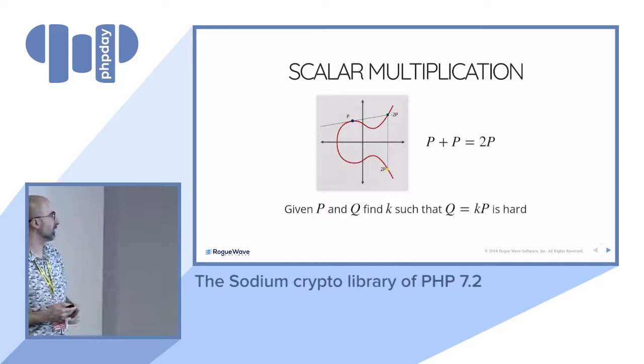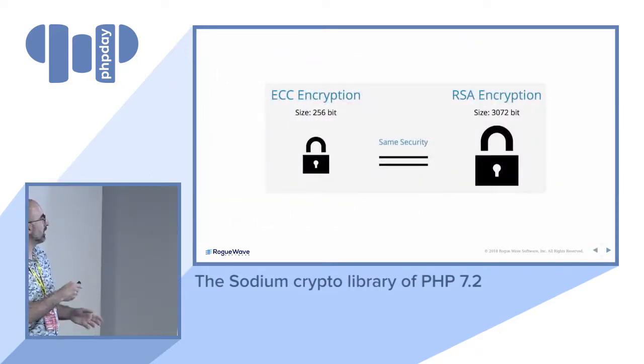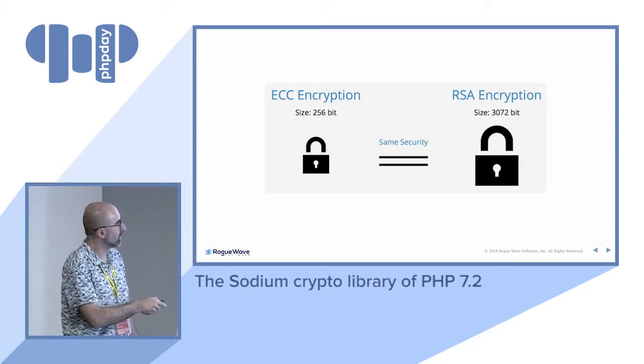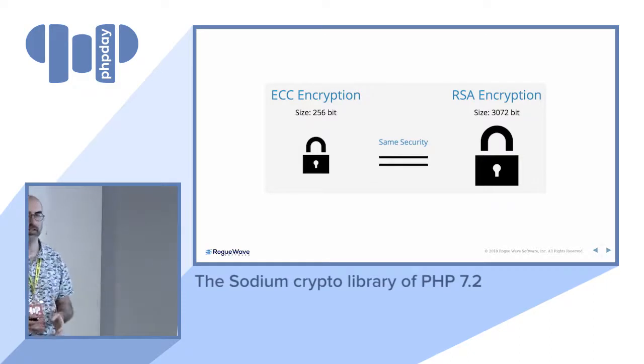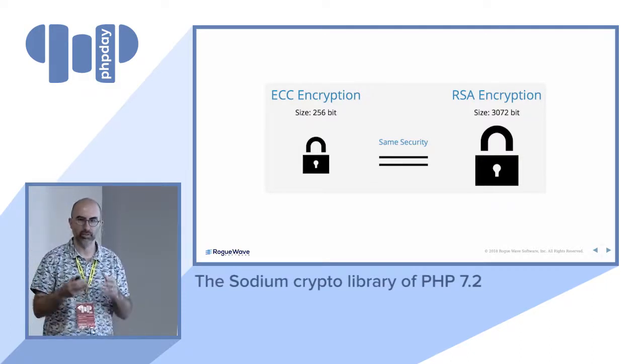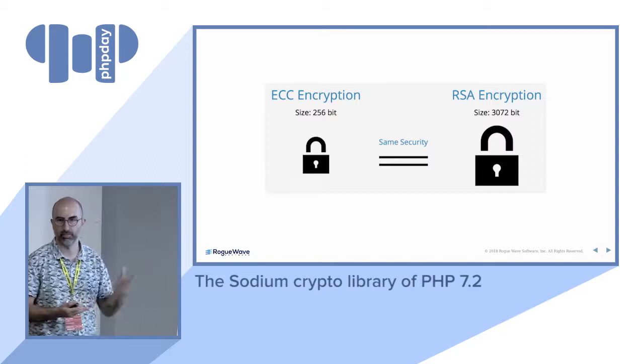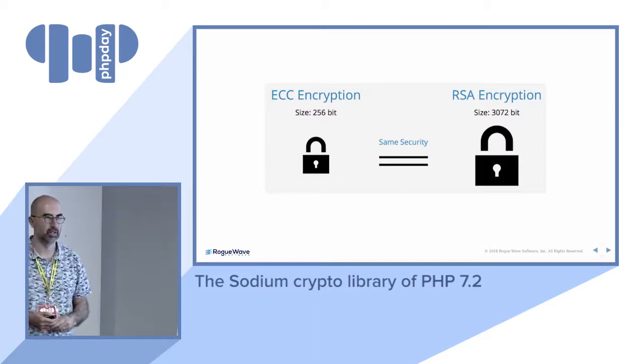It's the same idea. In fact, if you compare elliptic curve cryptography with RSA, the security that you get using a key size of 256 bits in elliptic curve is equivalent to a size of 3,000 or more bits. So that's why it's so used in security, for performance reasons.